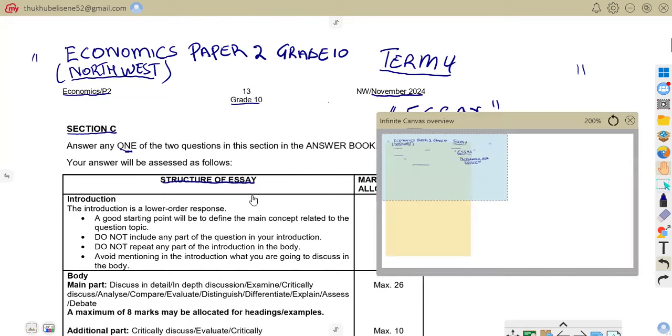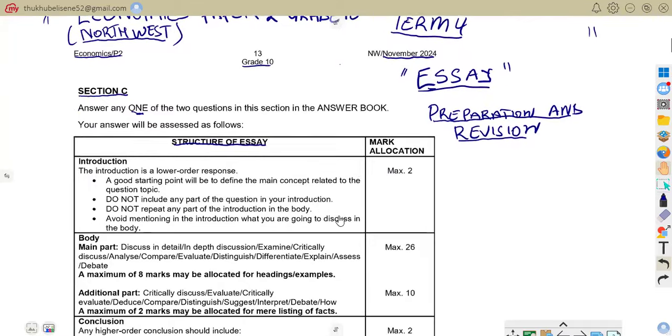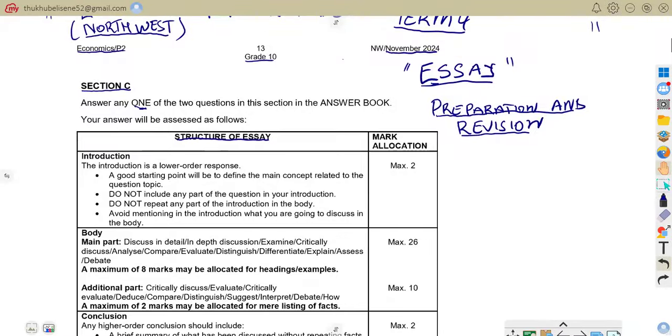Now we are told the structure of an essay, and that your answer will be assessed as follows. In an essay, we have to have what? Introduction. The introduction is a lower order response.